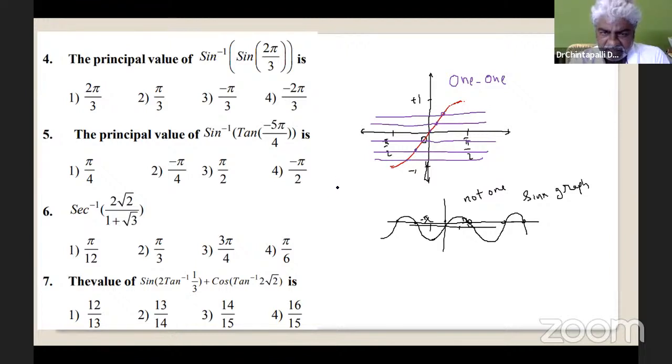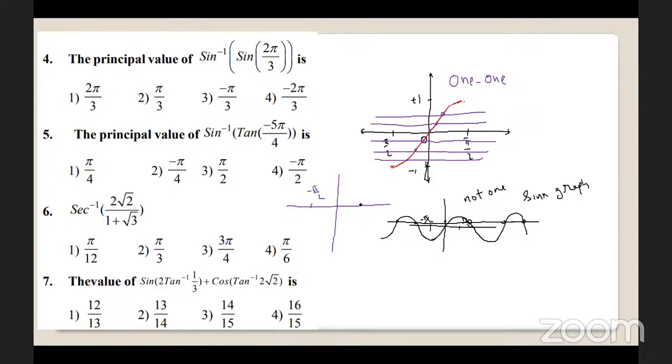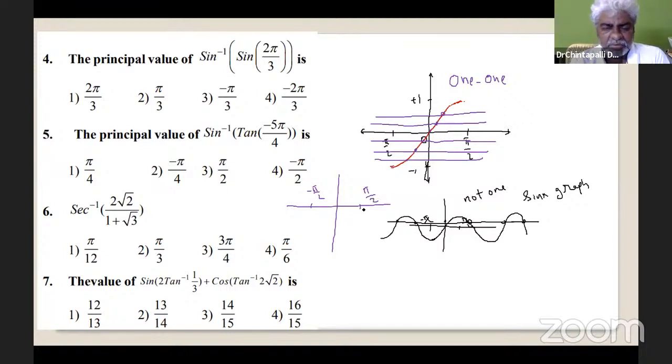You may ask that, of course, it is taken from minus pi by 2 to plus pi by 2, right? We drew in the interval minus pi by 2 to plus pi by 2. What happens if we take minus pi by 4 to plus pi by 4?